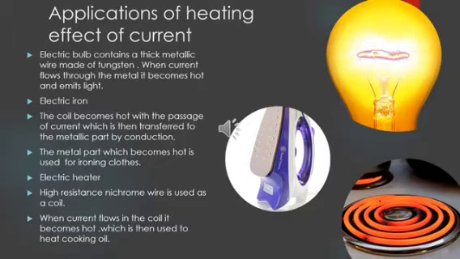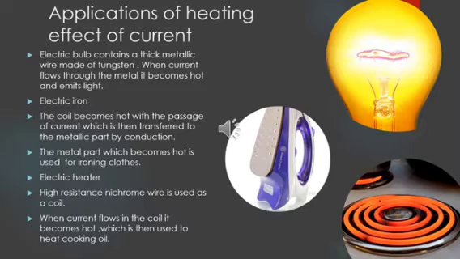So this incandescent bulb, inside that bulb, you can see there is a thick metallic wire which is made of tungsten metal, and inside the bulb the environment is inert, or like a vacuum, filled with a neutral gas like argon. What happens when current flows through this tungsten?